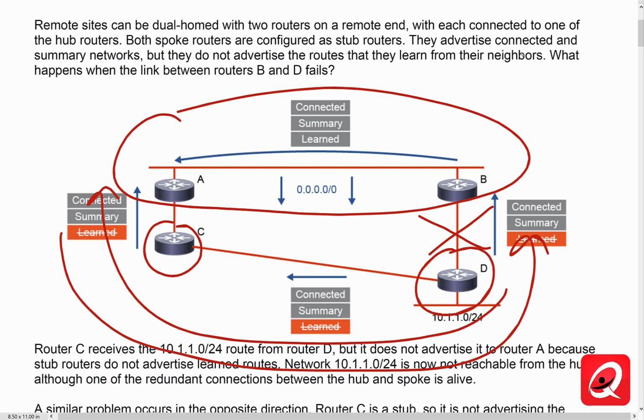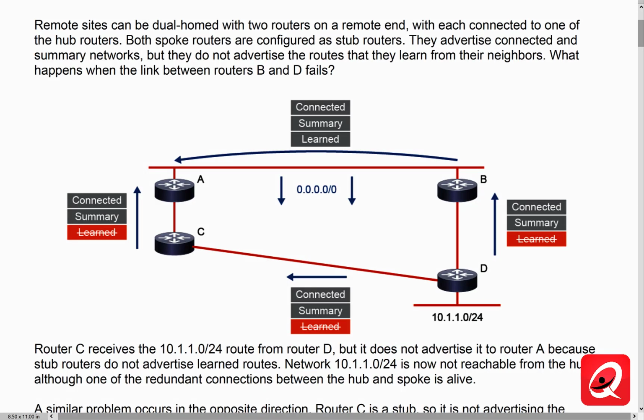But configuring stub routing is a two-faceted concept. Not only are we saying, okay, as a stub router, you're not going to be querying me, because stub routers, when they advertise that stub flag in their hello packet, are basically saying, look, I'm a stub router. Don't query me for anything. But the second piece is that we limit what we actually advertise back to our neighbors.